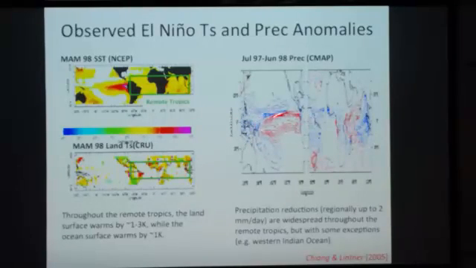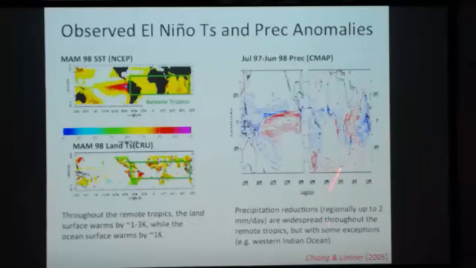So again, you have the warm sea surface temperature co-located with above normal rainfall and then below normal rainfall here. But then in the remote tropics, there's a tendency, a widespread or coarse view, of below normal rainfall, although obviously with some regional differences.